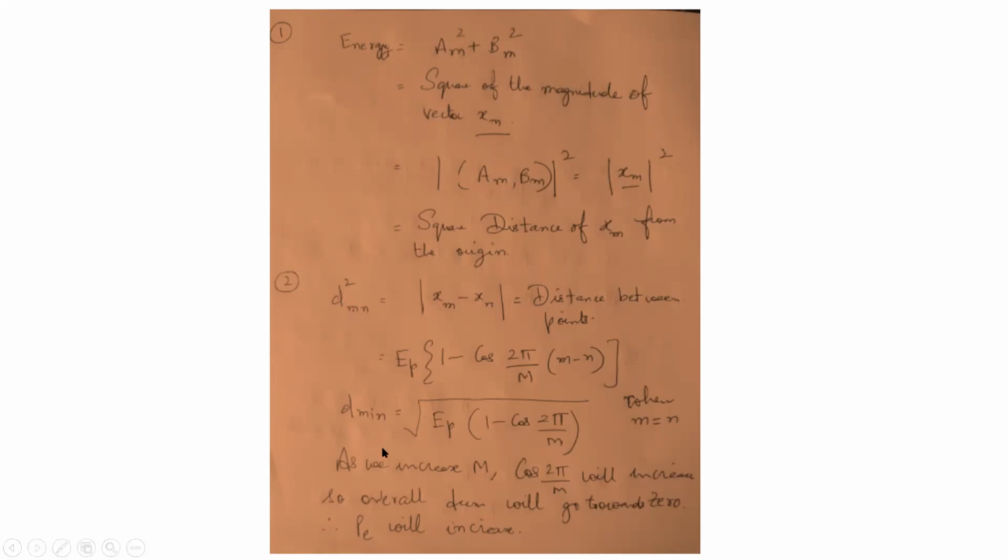So the minimum distance reduces as capital M increases, meaning the probability of error will increase. I have already explained all these points otherwise, without the mathematical expression. But right now I'm deriving the mathematical expression, which clearly tells me that as capital M increases, the minimum distance between the points will decrease. That will increase, in effect, the probability of error.